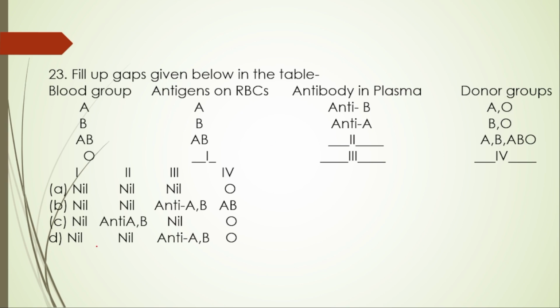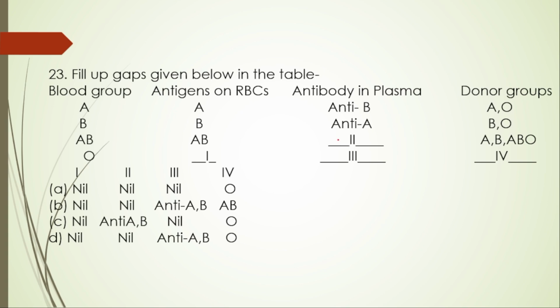For blood group A, antigen on RBC will be A, antibody is B, and donor group is A and O. Whereas for B, antigen is B, antibody in plasma is A, and donor group is B and O. If I am talking about AB, antigen will be AB, and here the antibody in the plasma is nil.